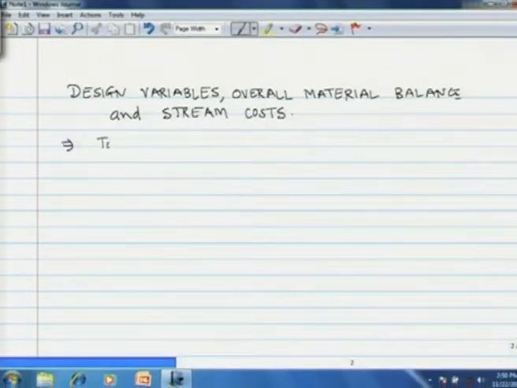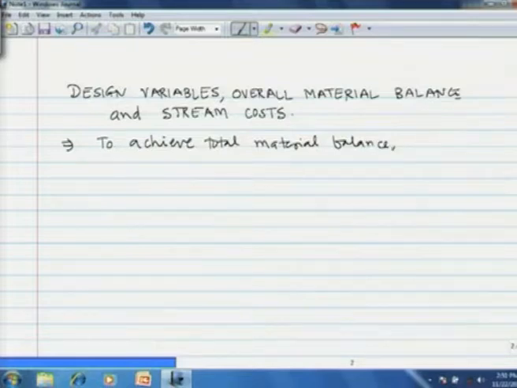To achieve total material balance of the process, we have to have the complete problem definition. However, as I just mentioned, the problems are underdefined and some data is missing. That point we note. To achieve total material balance and get stream cost, that will help us identify the economic potential of the process.